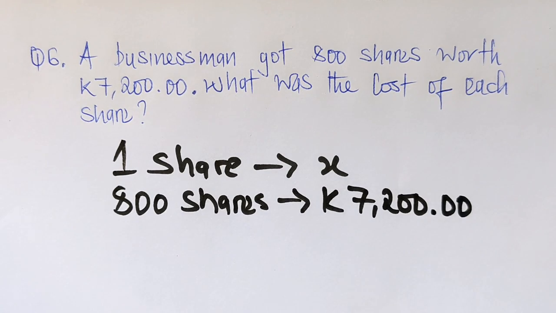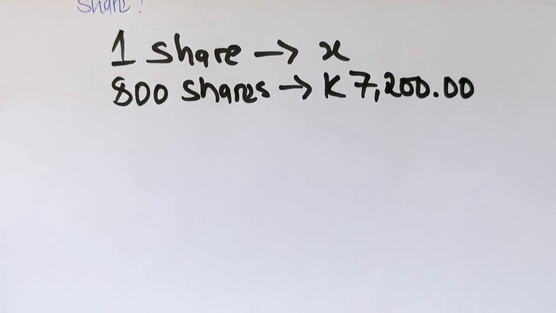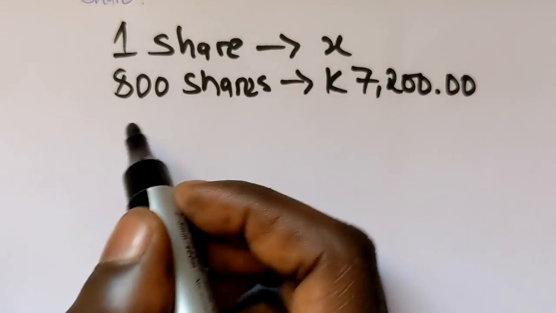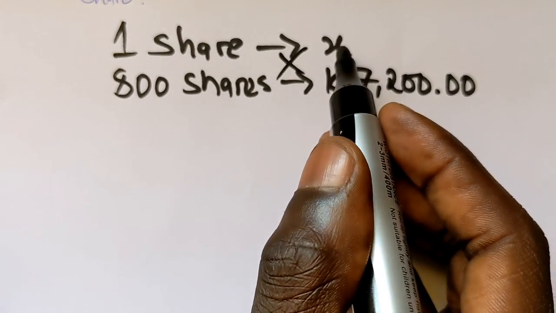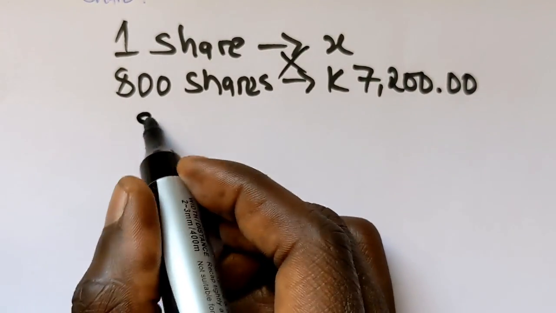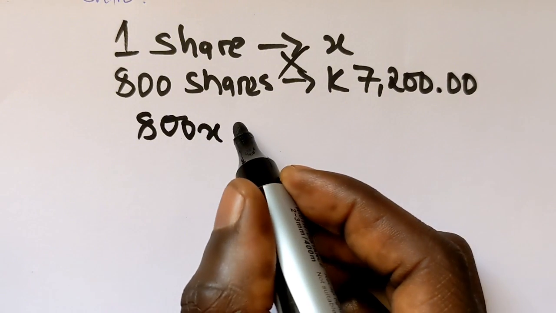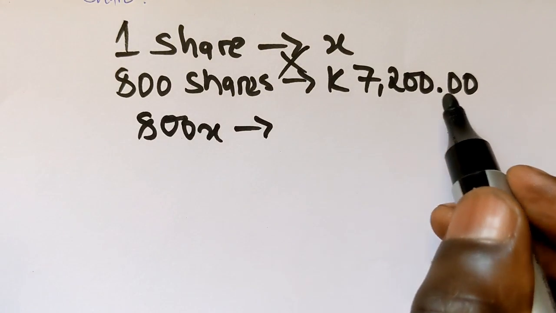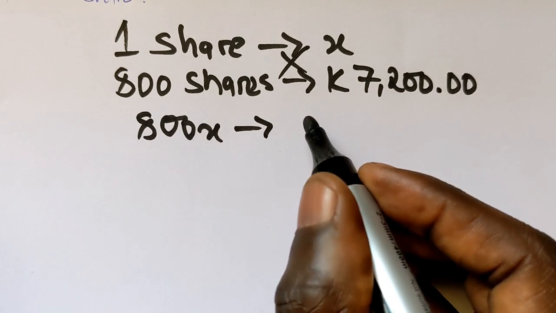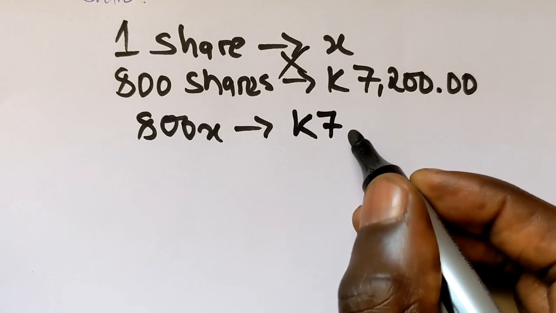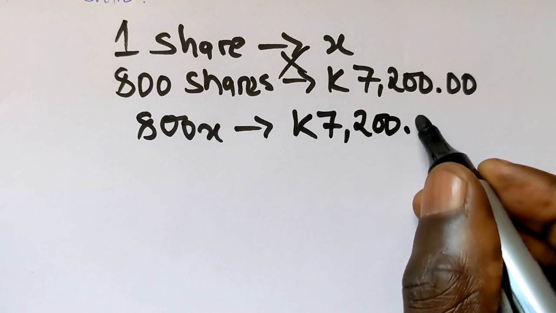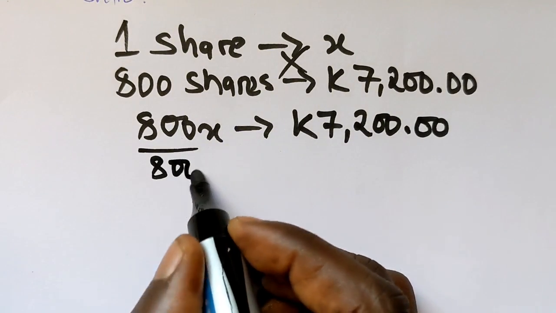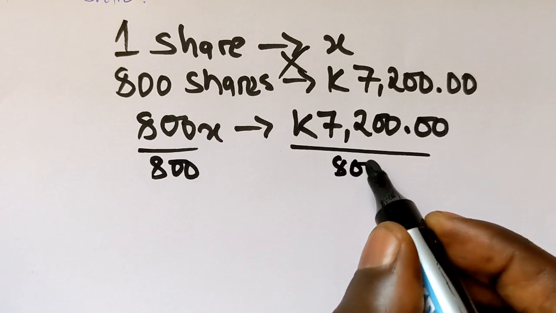So what we'll simply do here is cross multiply to get the value of X. Cross multiplying will give us X times 800, which is 800X, equal to 1 times 7,200 kwacha. So this will give us 7,200 kwacha. To get X, we divide both sides by 800.